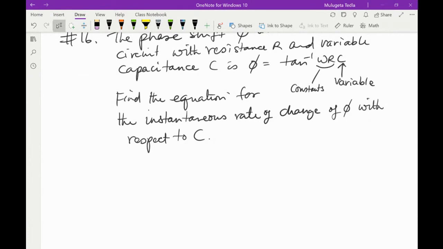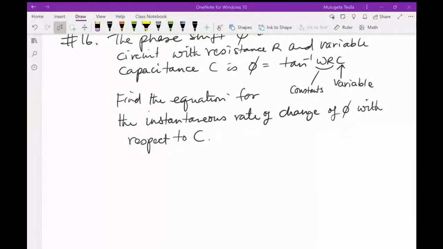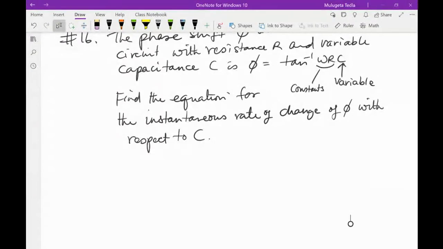Instantaneous rate of change means what? The derivative. Yes, it's the derivative. So always think like that. Our function phi is tan inverse of WRC.